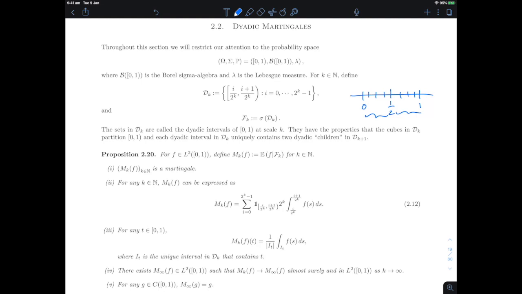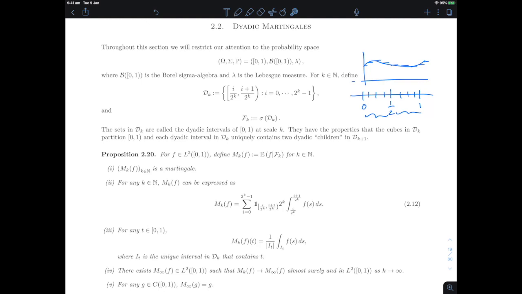Because of that, what we get with Mk of f is an approximation of f by something that is piecewise constant on every dyadic interval. So it's a kind of martingale decomposition of a fixed random variable into piecewise constant objects, and when you increase k, you're refining your level of approximation.